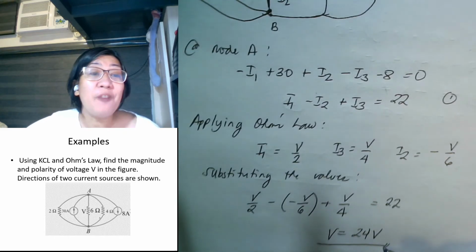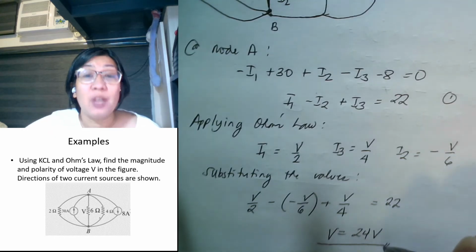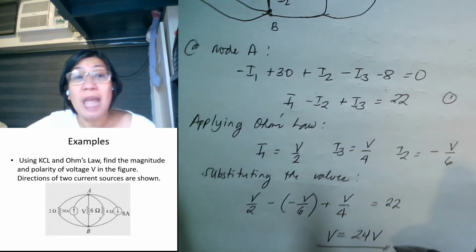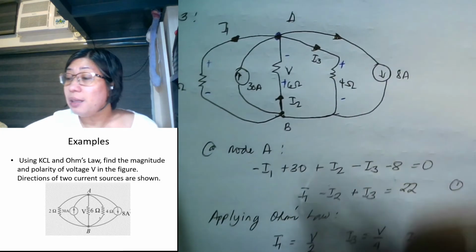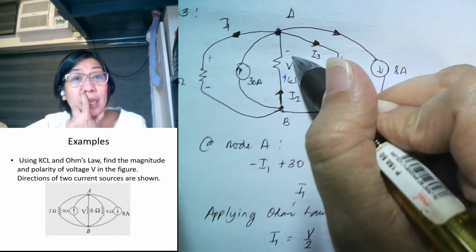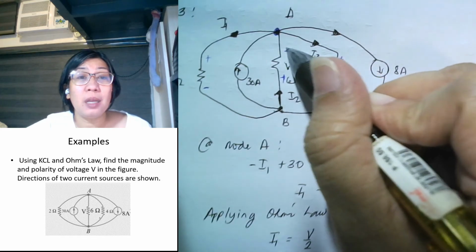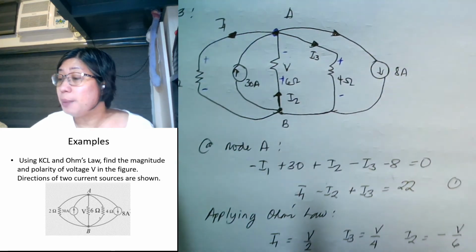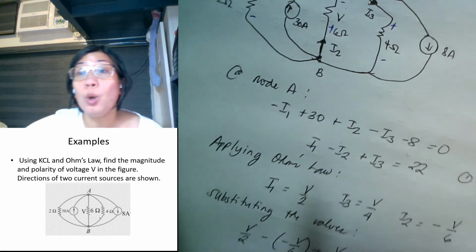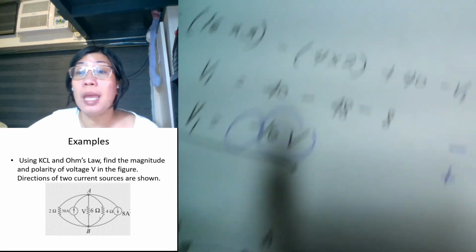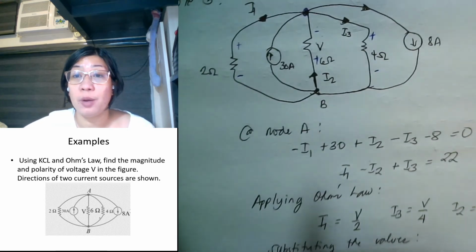Now, I have a positive value for V. So, what does that mean? That means that I got the assumption right, that the polarity for this is minus and plus V. Okay? So, find the magnitude and the polarity of V in the figure.